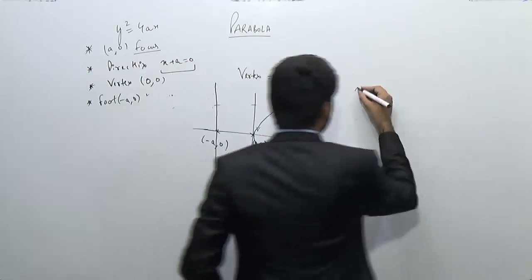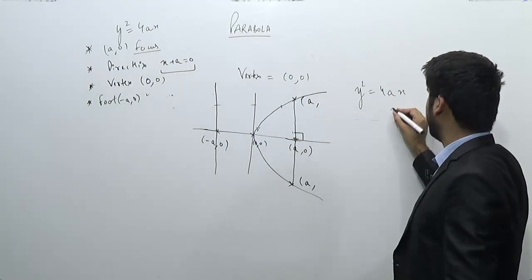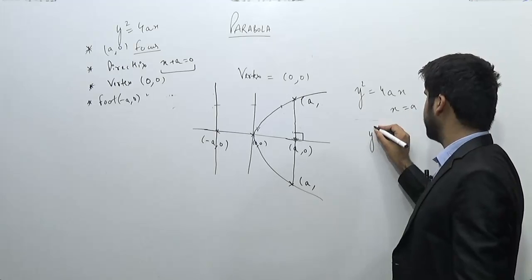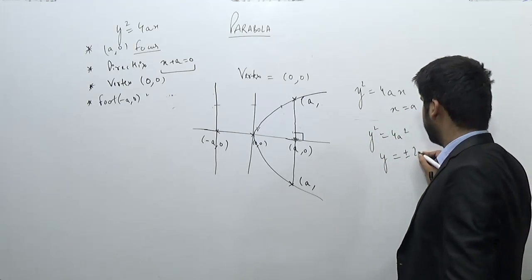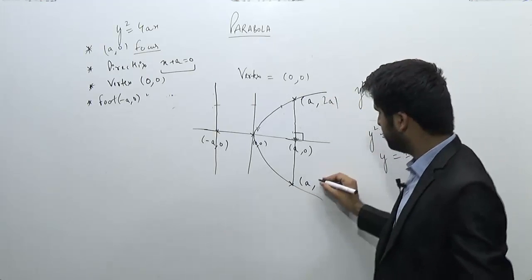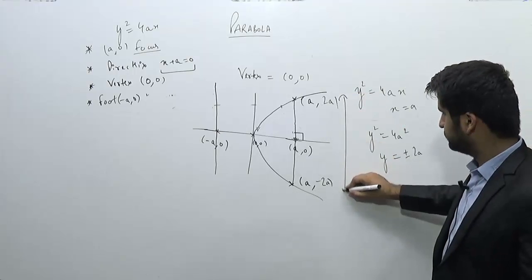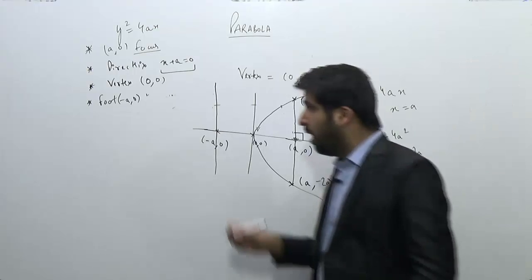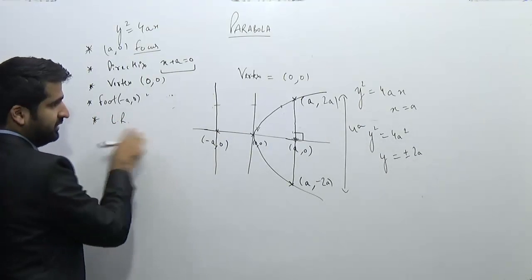By putting the value of x is equal to a here, I will get y square is equal to 4a square. So y comes out to be plus minus 2a. So this point is plus 2a and this point is minus 2a. Right? So I will get this length is equal to 4a. So I can say that the length of the latus rectum, I am denoting it by L.